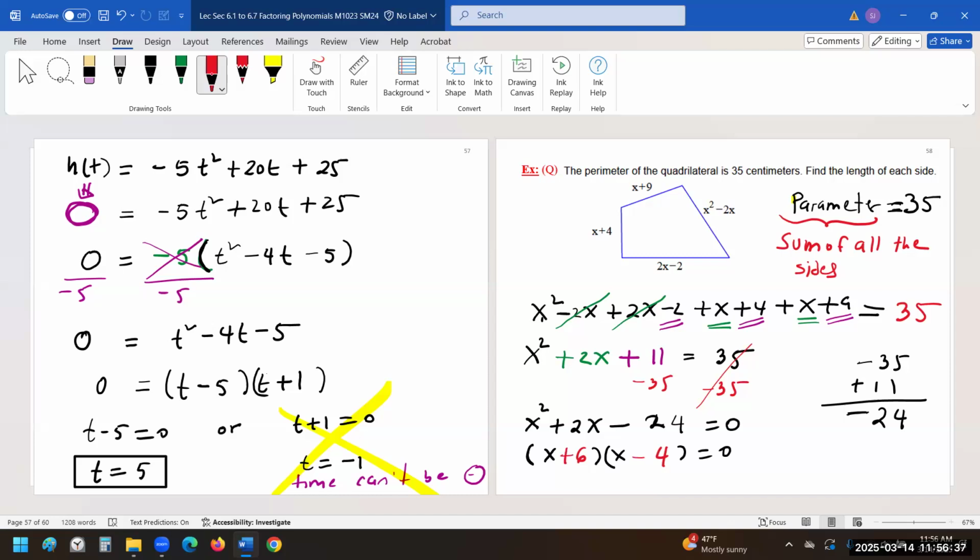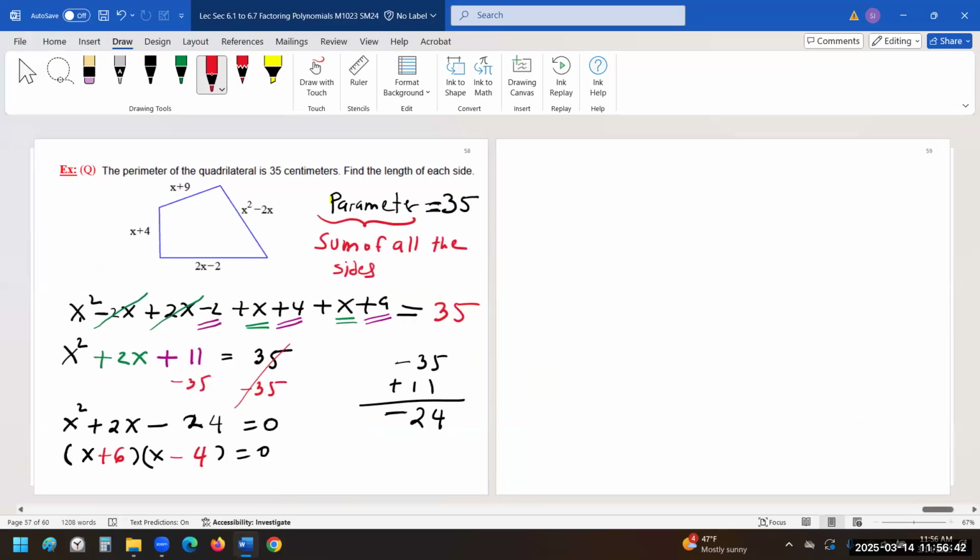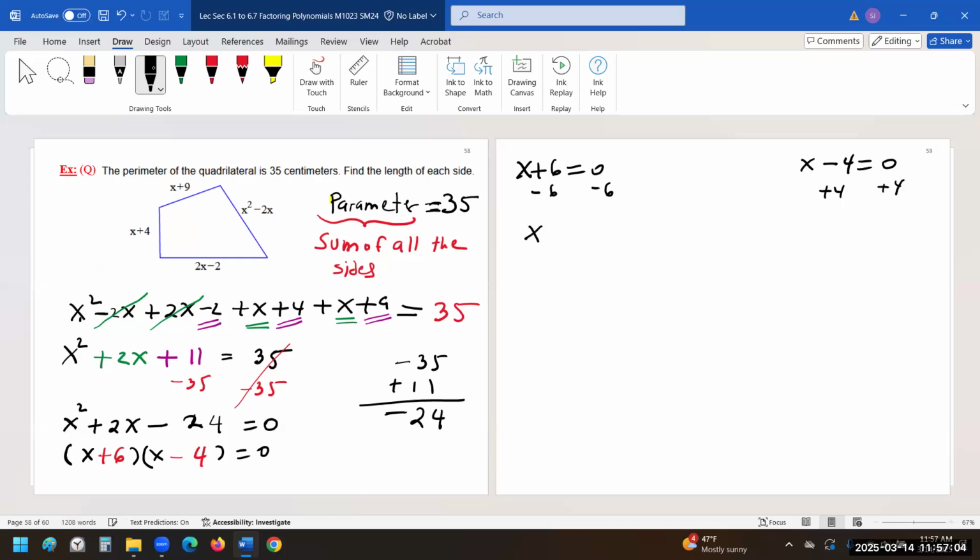Plus and minus. So we have two factors, and now we have to solve each factor. x minus 4 equals 0. So subtract 6, add 4. That gives us x is negative 6, and x is positive 4.